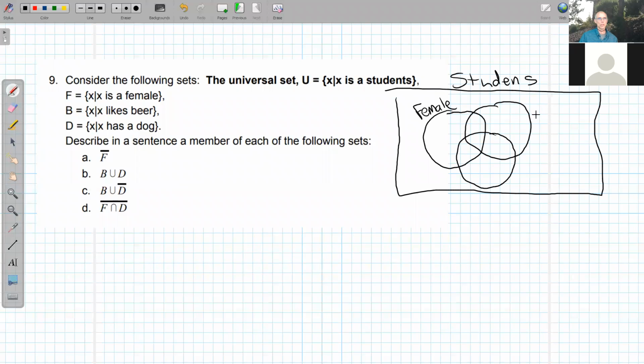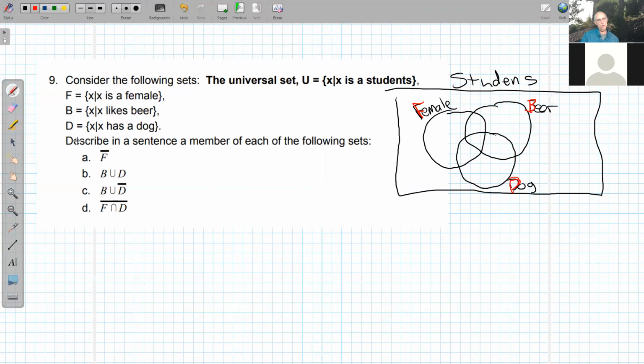And then this one over here is my likes beer. And this one over here is my has a dog, which are appropriately labeled F, B, and D.